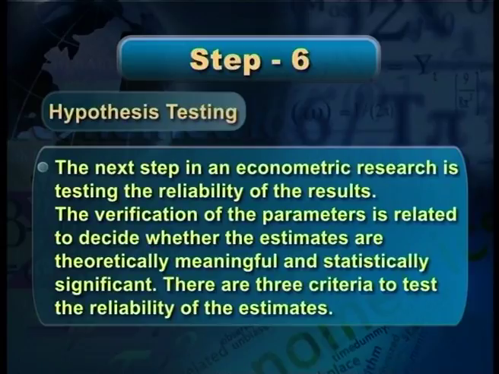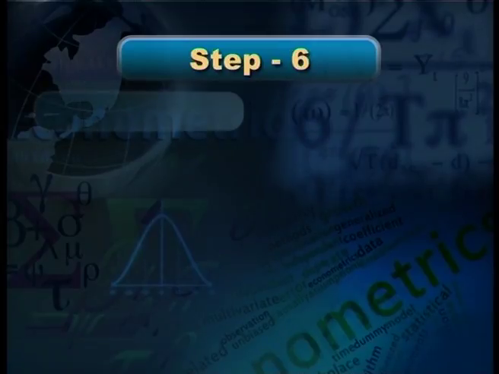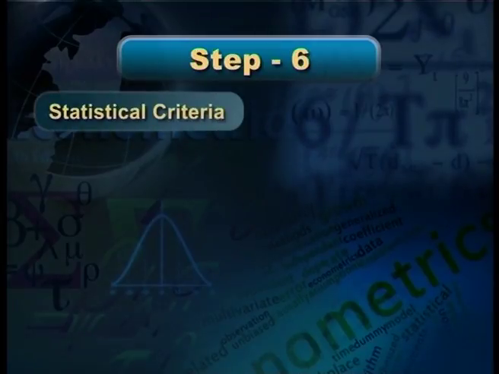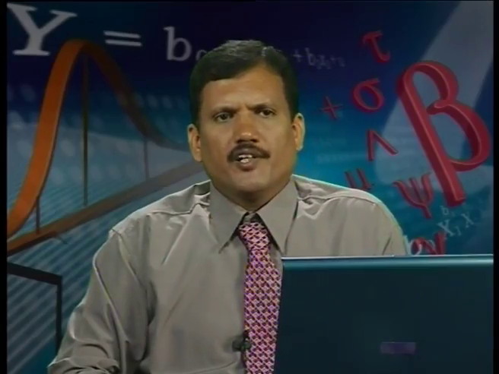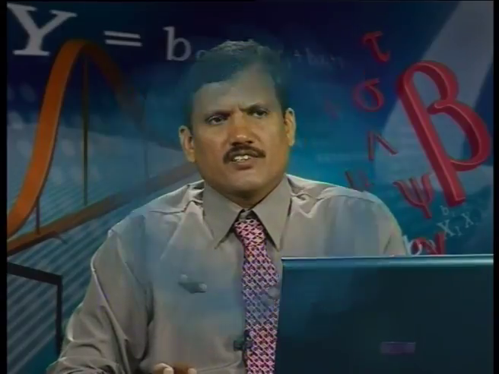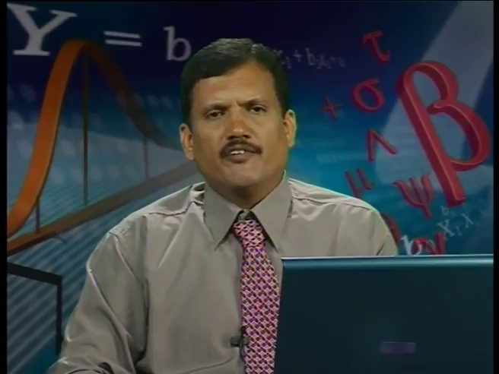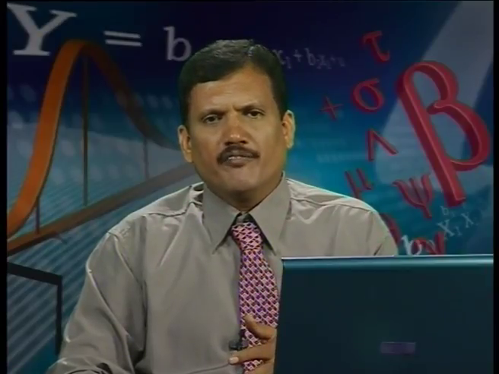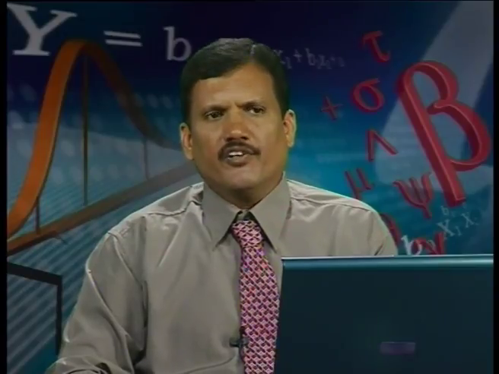The hypothesis testing has three criteria. One is economic criteria, second one is statistical criteria, and third one is econometric criteria. In economic criteria, we see the signs, whether the relationship between dependent variable and independent variable is positive or negative.